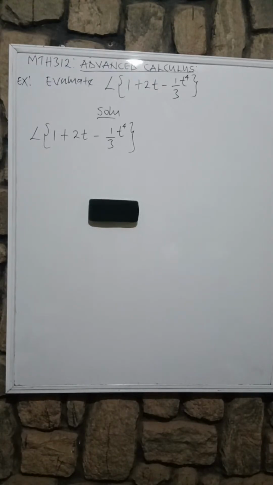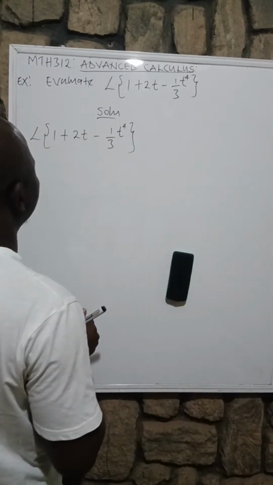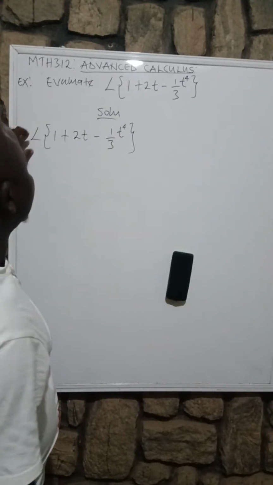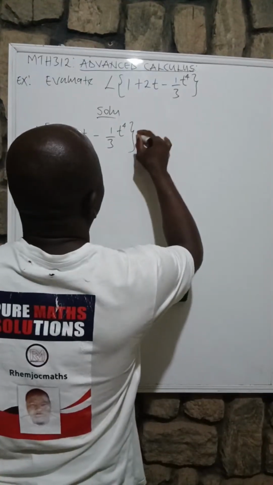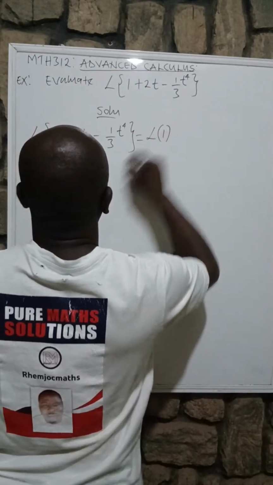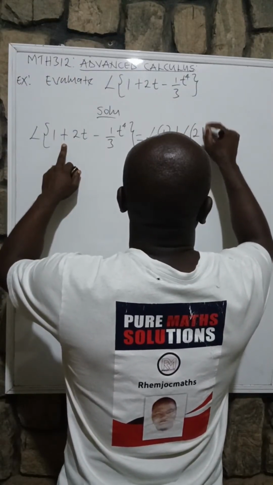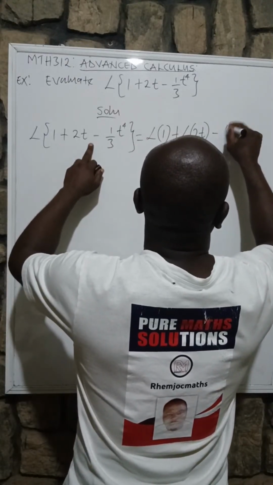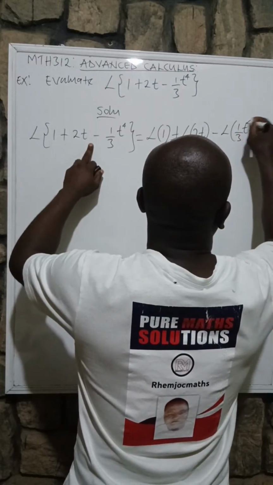Try and inform them. So now, what you need to do here is we have to use this Laplace transform to multiply out the brackets. So this is how it will be. Laplace of 1, plus Laplace of 2t, minus Laplace of 1 all over 3 t raised to the power 4.